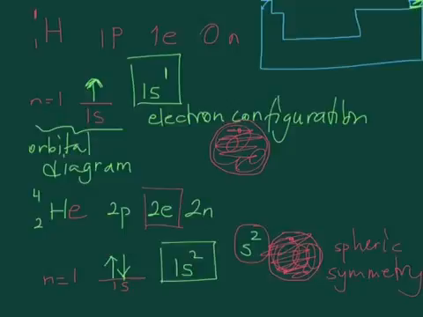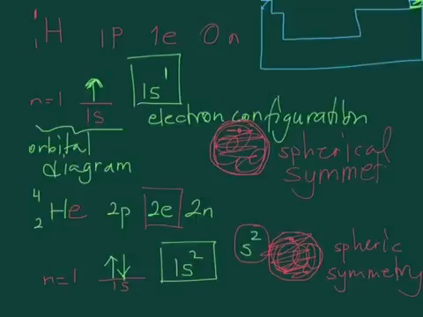And because this orbital itself is spherical, we can say that the 1s1 of hydrogen has spherical symmetry also. In simple words, spherical symmetry means that the electrons are distributed within any sublevel in a symmetrical way, making the atom and its orbitals balanced.